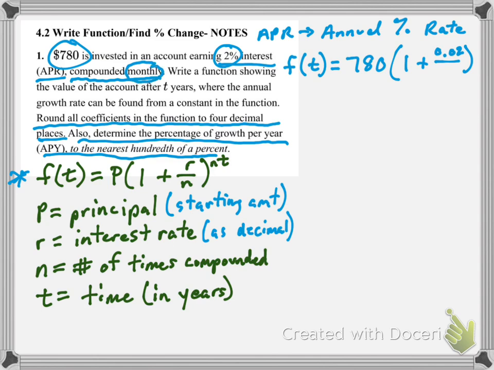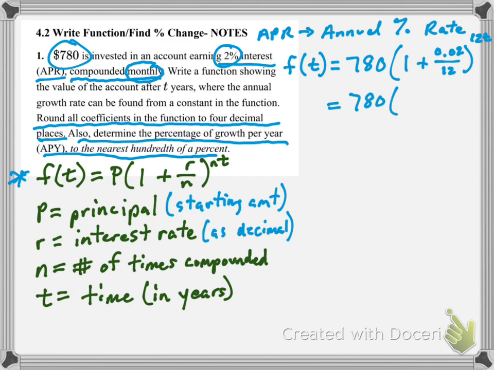Now it's compounded monthly. Okay? Monthly means how many times in 1 year? Well, there's 12 months in a year. So 12 is N, to the NT power. Well, N is 12, so it's to the 12T power.